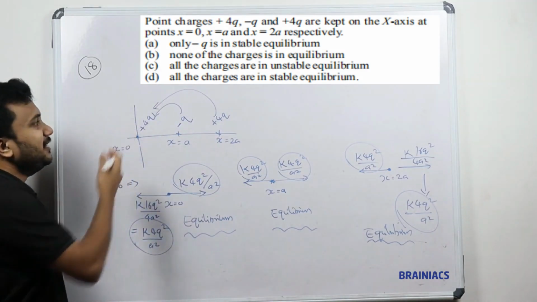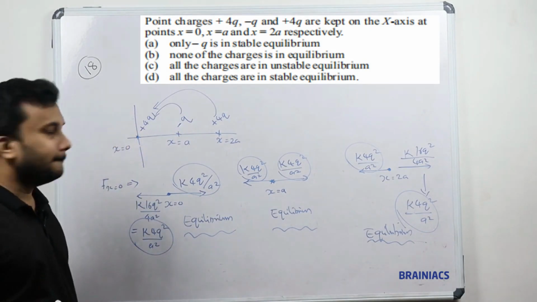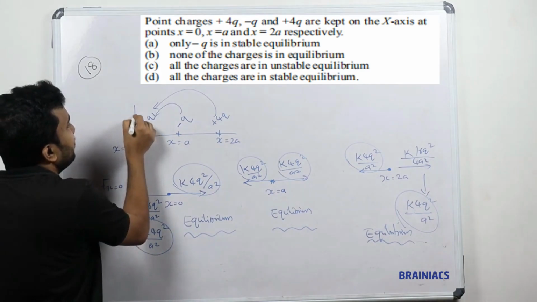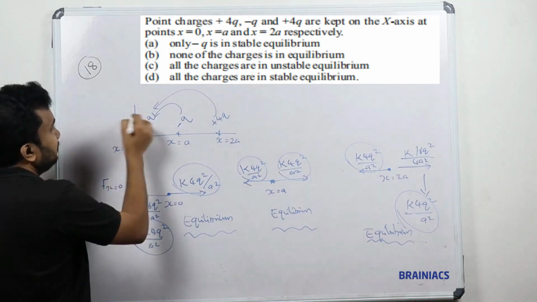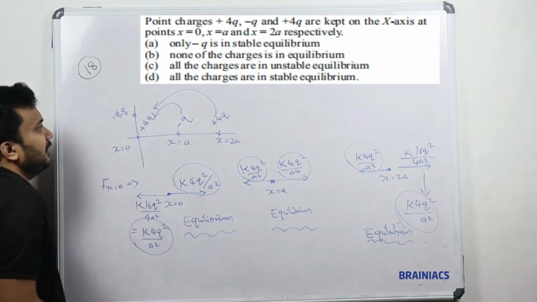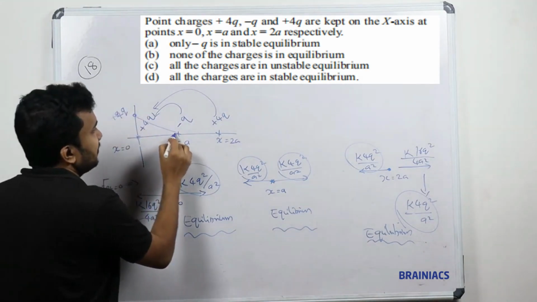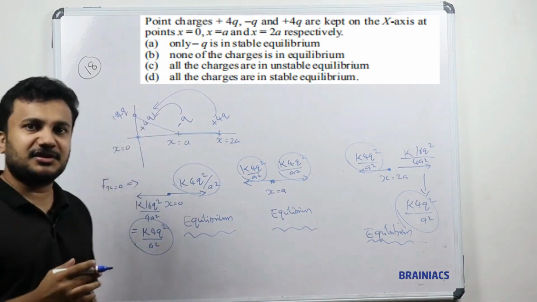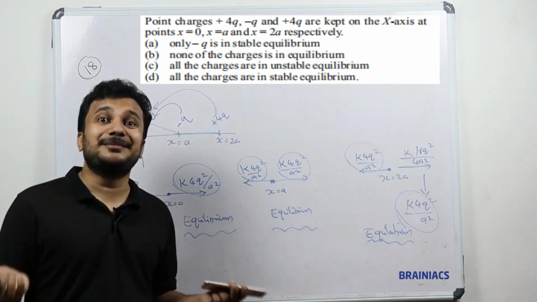Now, if you give a disturbance, meaning this plus 4q, instead of placing it here, you place it there, now the structure is like this, right? There is a force, there is a force. So the whole system is completely going to an unstable state.